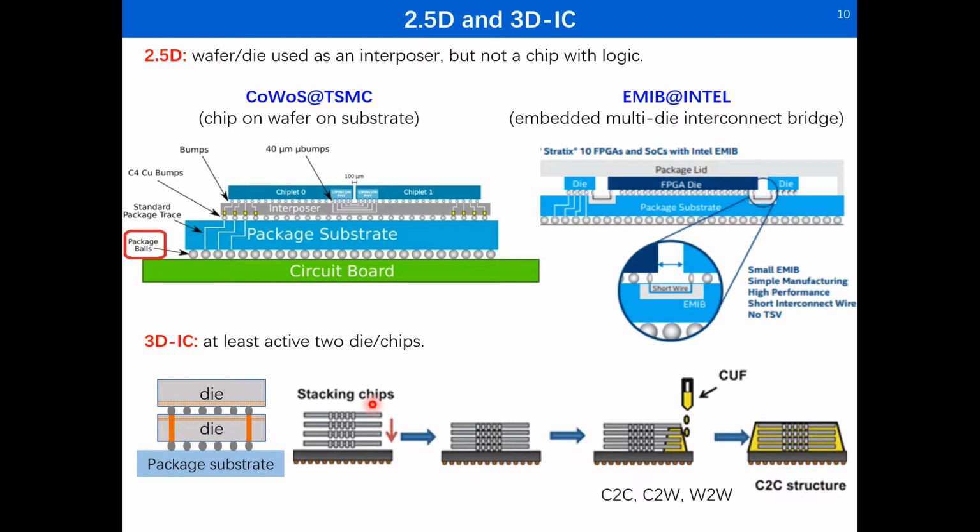Here we show a 3D IC with stacked chips, and the chips are connected by bumps. And when you see bumps, you need underfill materials. So 3D ICs can be done by 2-layer stacking that includes chip-to-chip, chip-to-wafer, and wafer-to-wafer.